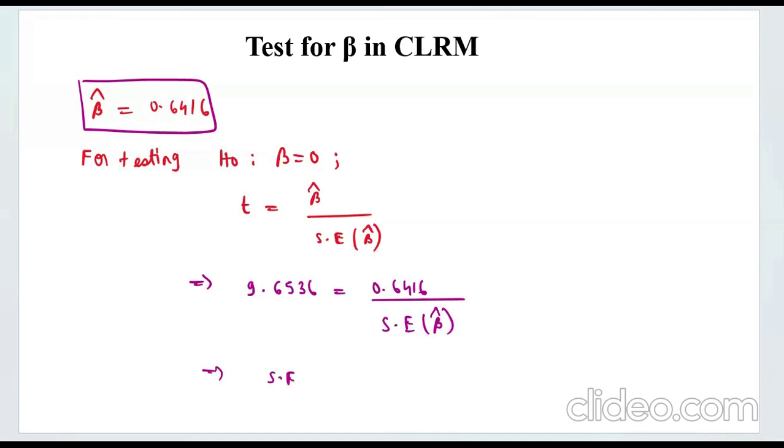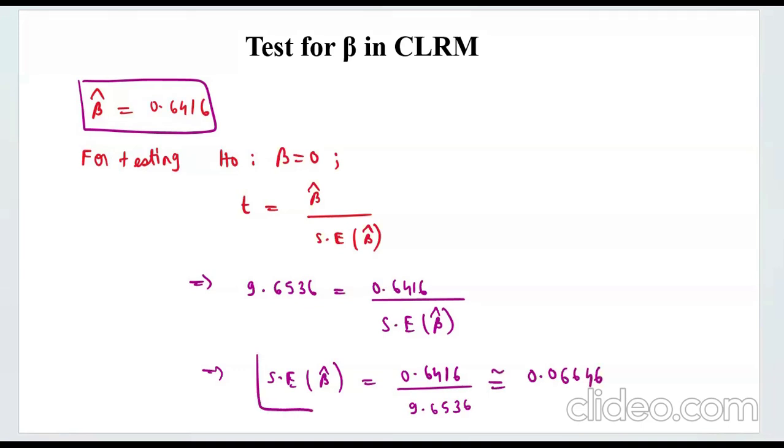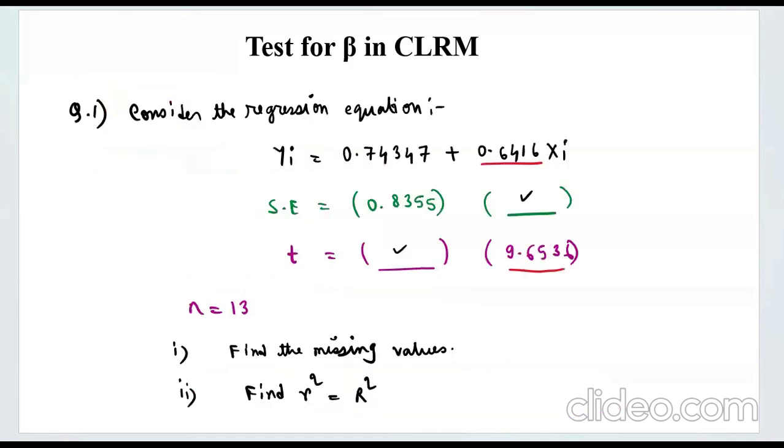So standard error of beta cap is simply 0.6416 divided by 9.6536. If you calculate, this comes out to be 0.06646 approximately. So this is one of the missing values, right?